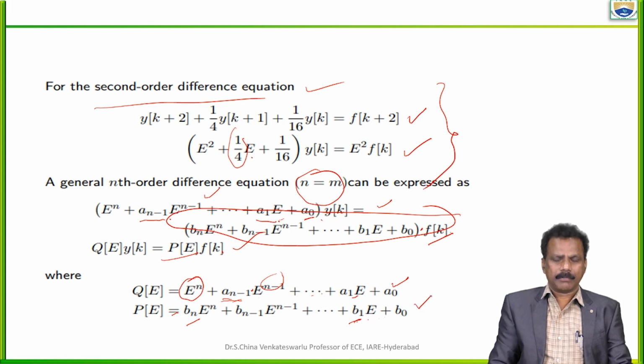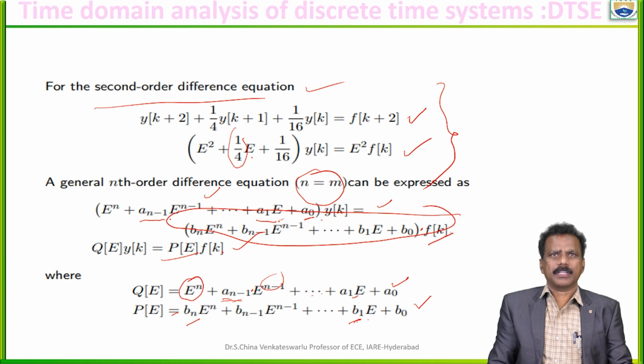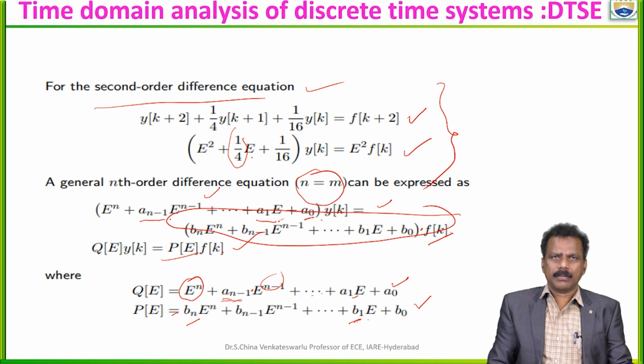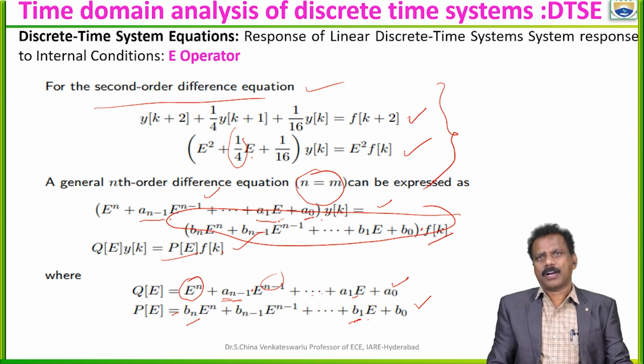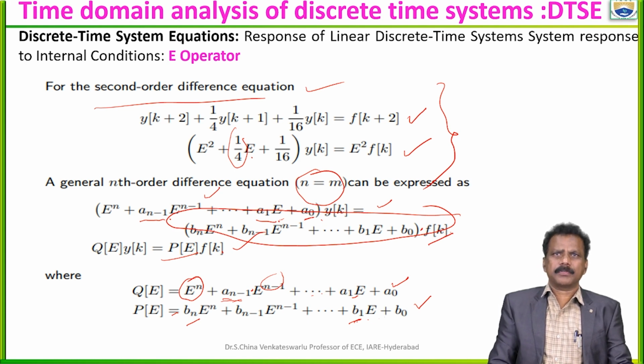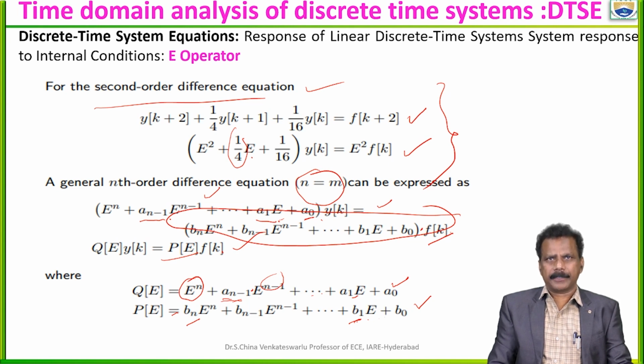Like this, what are the outcome and the analysis of this first, second order and general nth order differential equation? It is all analyzed with the time domain analysis of discrete time system, with the response of linear discrete time system to internal conditions, how it is affected by using the particular operator. The operator is followed by E operator.